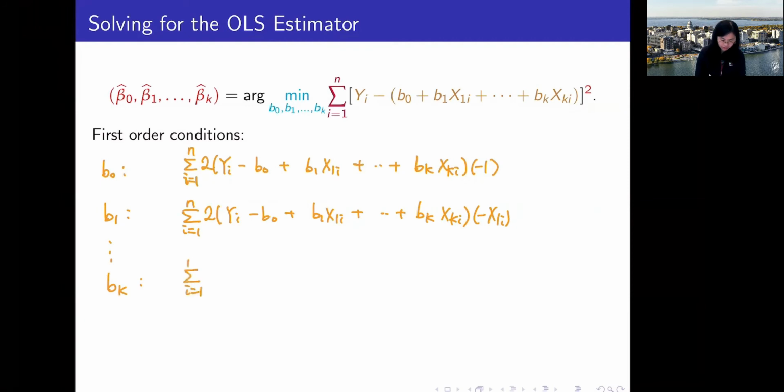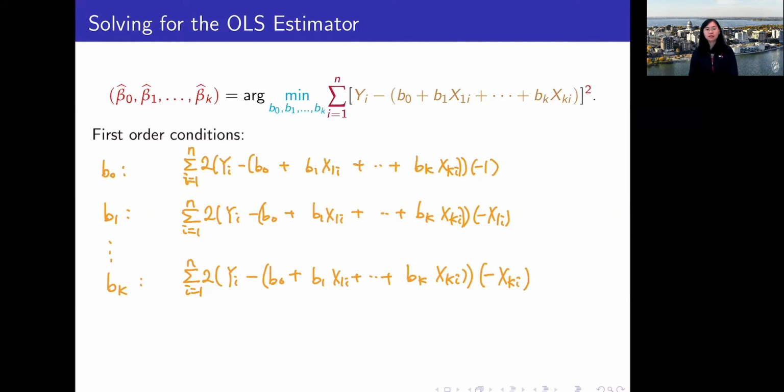And the derivative with respect to bk is the sum of 2 times what's inside the square function. So I forgot to put a bracket around this linear function. Times minus xki. So these are a system of k plus 1 linear equations with k plus 1 unknown parameters.